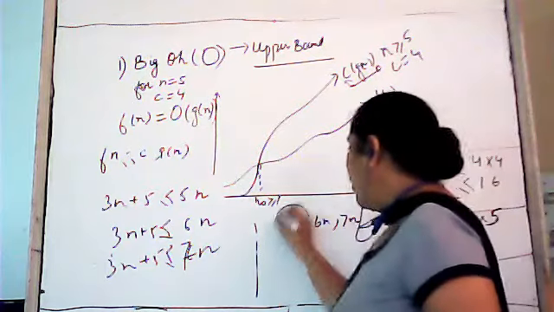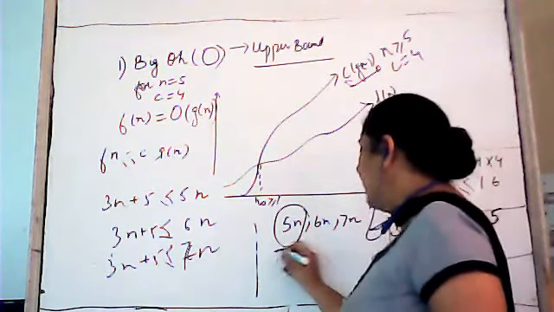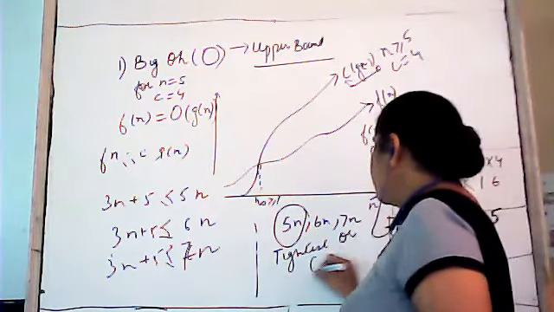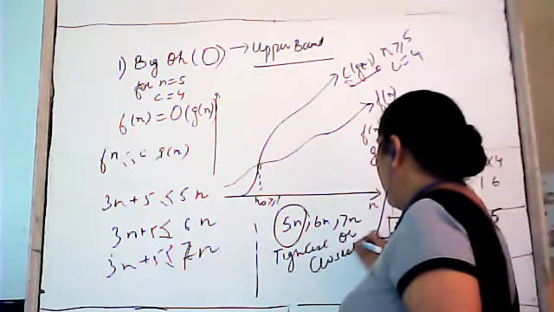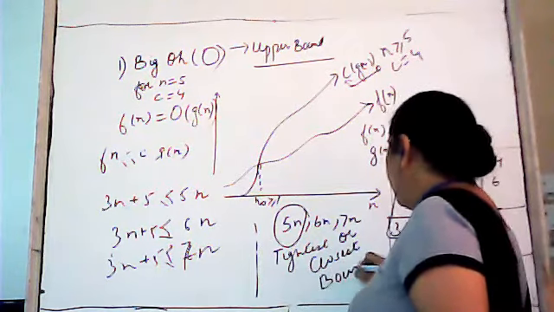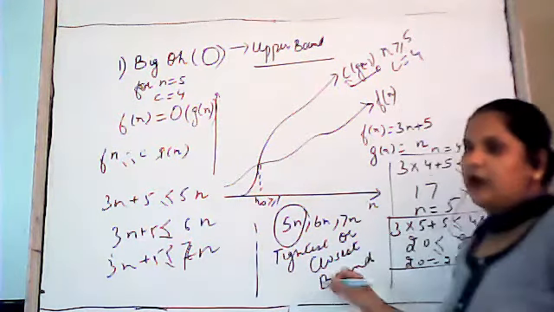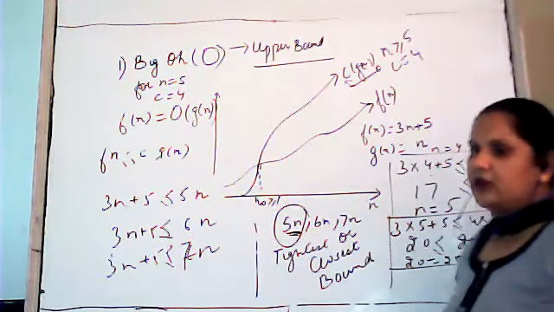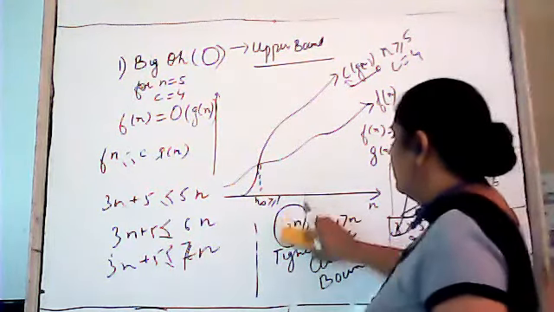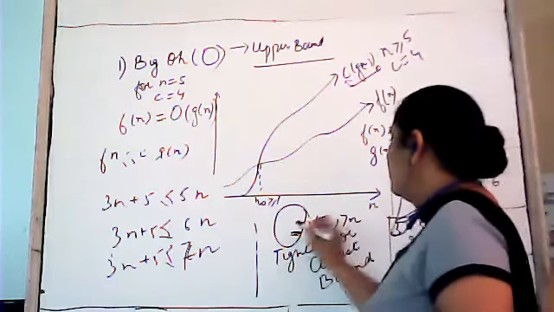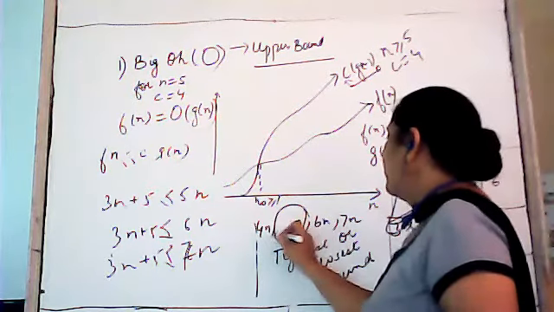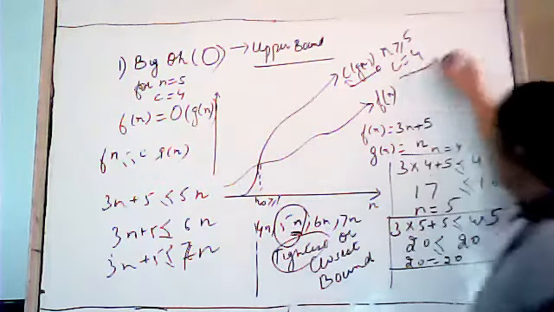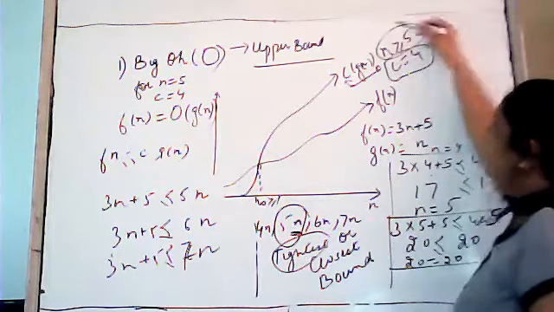But we have to always choose the tightest bound or the closest bound, and the closest bound is 4n, not 5n. So you will always choose the tightest bound, that is, you will say c is equal to 4 and n is equal to 5.